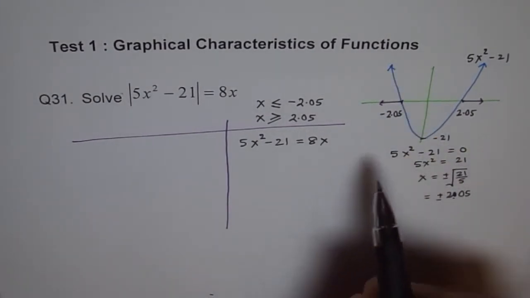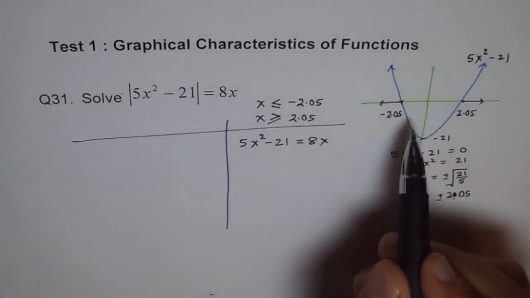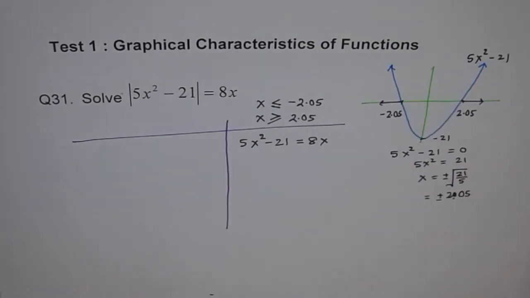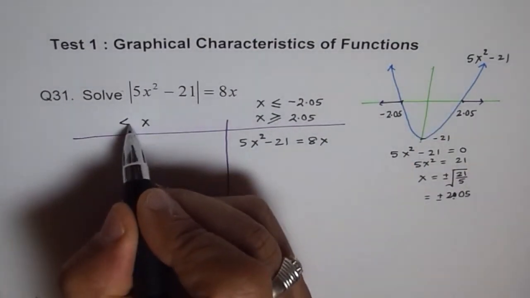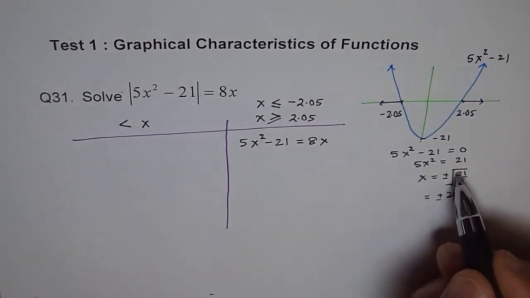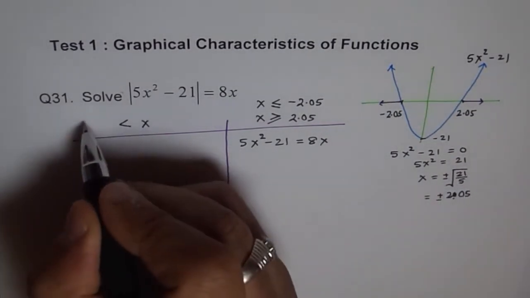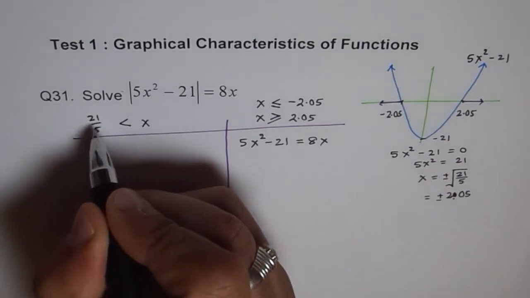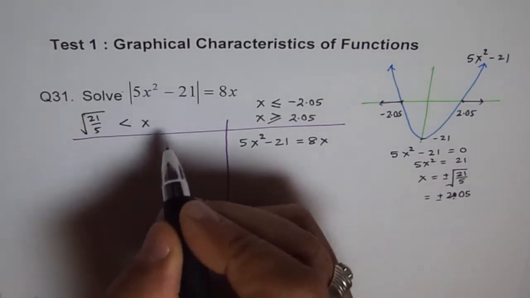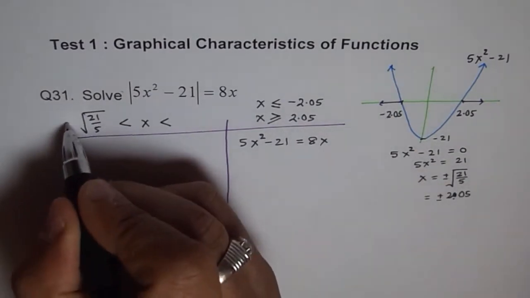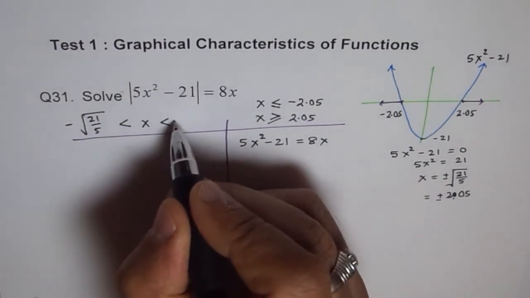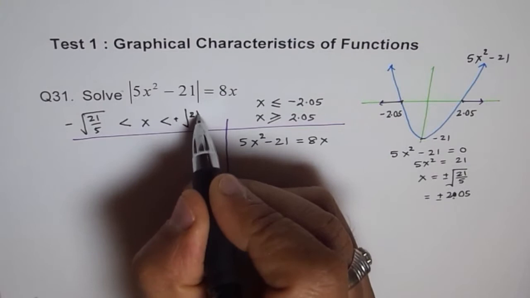But what happens if my value of x is between these two values? That is to say, if x is greater than minus the square root of 21 over 5, to be exact, and less than plus the square root of 21 over 5.